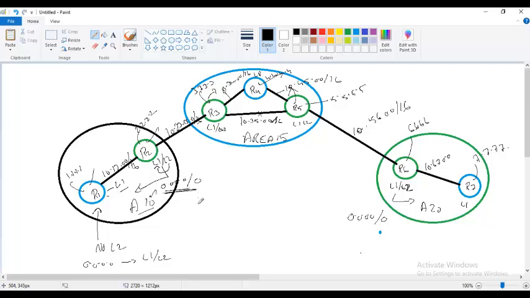Other area networks can still be pinged using the default route. Is this clear for you? Shall we do the lab now? Are you ready for the lab? Okay, let's go.